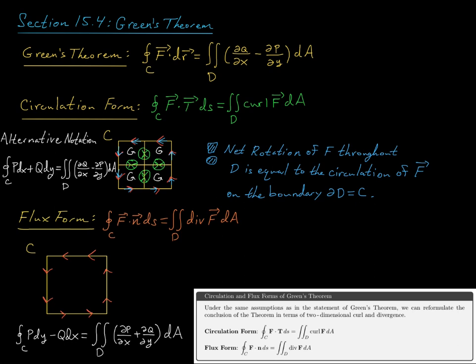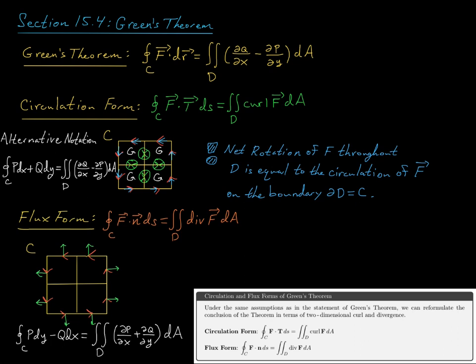Okay, so like we did up above, let's think about why this is true. The flux integral is measuring the outward flux of our vector field along the boundary here, along this path C. What this notation is saying is that you're taking the normal components of your vector field as you move along this path C, and then summing those up.